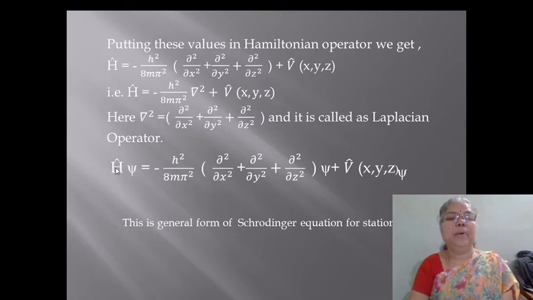In terms of the Hamiltonian operator, we write that equation as H operator into psi equal to minus h² upon 8mπ² in a bracket ∂²/∂x² + ∂²/∂y² + ∂²/∂z², complete bracket into psi, plus the potential energy operator along the x, y, z axes into psi. This is the general form of the Schrodinger equation for stationary waves.